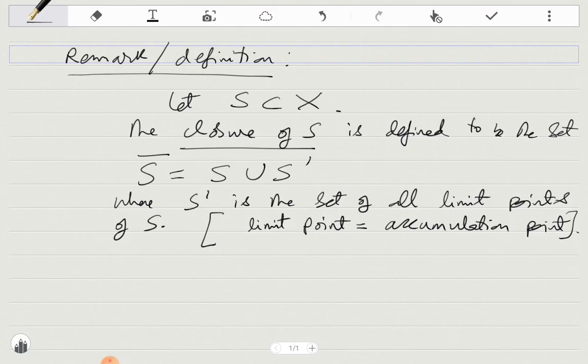So the point is that even if S is not closed, one can do this operation of taking the closure of S, which is just S union S prime, and the fact is that, proposition, the closure of S is always closed.